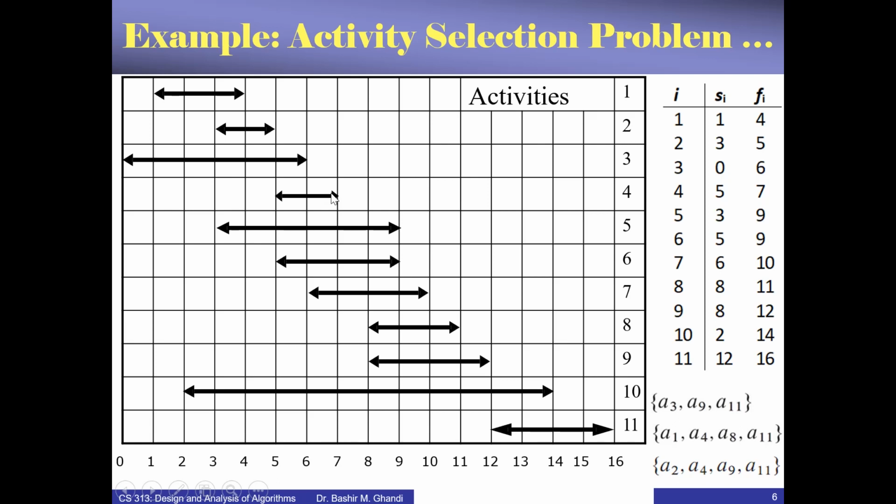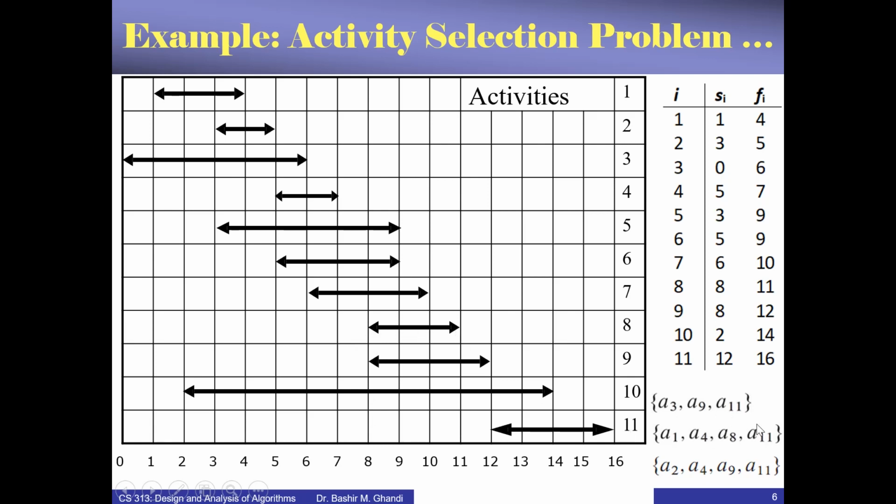Then we have A8. A8 starts at 8, so you can see this is A8, and it finishes at 11. It's also compatible with this one: this one finishes at 7, this one starts at 8. No issue.